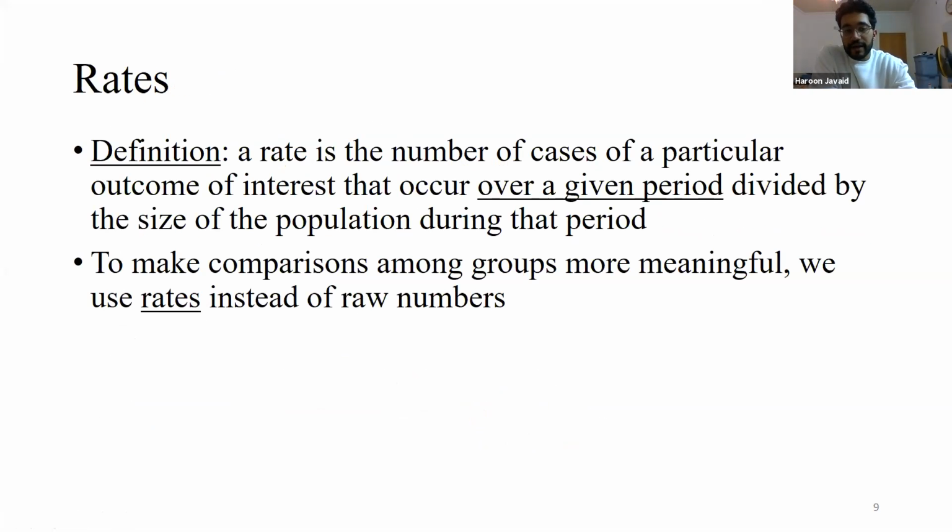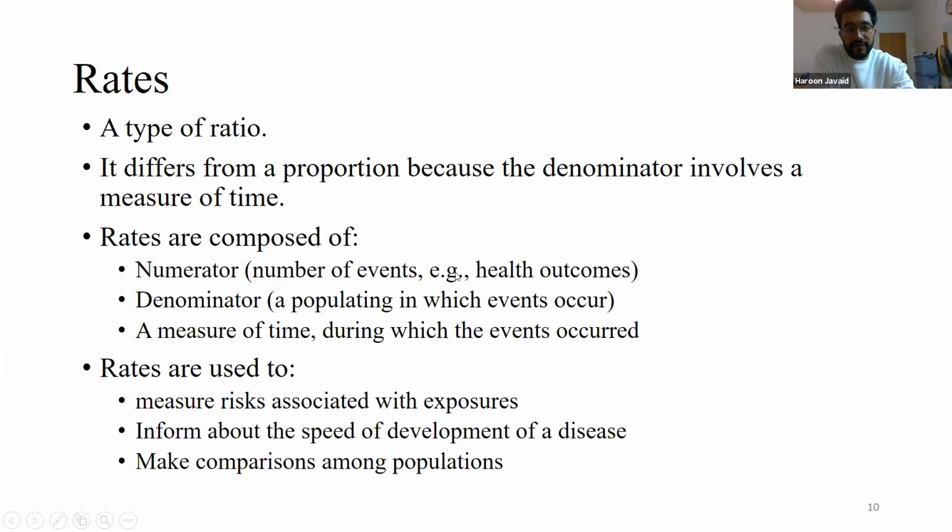Okay, rates. Now, rates are basically the same thing as ratios. They are similar to ratios because you have a numerator and a denominator which may or may not be related to the numerator. However, in the denominator, it gives you a period of time. For example, whenever we use rate, we think of death rate or birth rate.